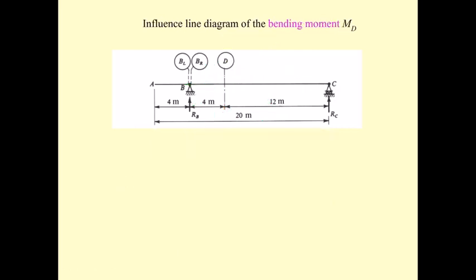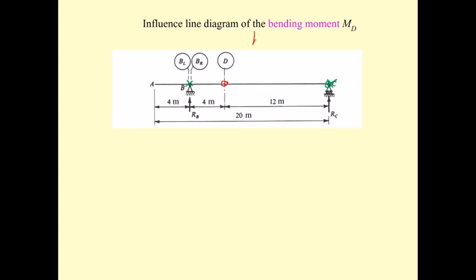Okay, and then for the M sub D, the B and C are still the same. It's just a rotating point. And then what we do is we put the hinge into point D, and then we put the moment over there also. Okay, let me put this one.